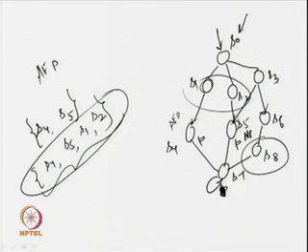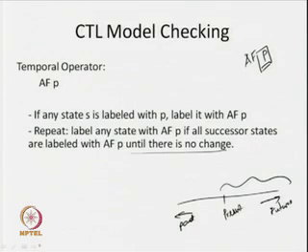From S8 we will go to S7 and P is not true over there. So, we are not going to get any path where in future P is true. Otherwise, if P were true here, then in the very first case it would have been included over here also. So, there is no chance that any more states will be included. If there is no change in this set of states, we can stop the procedure right there. Okay, so this is why we say that we continue until there is no change.